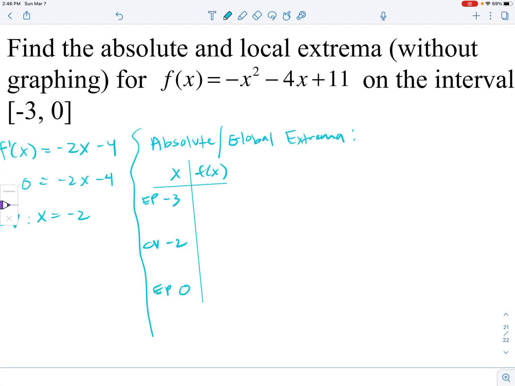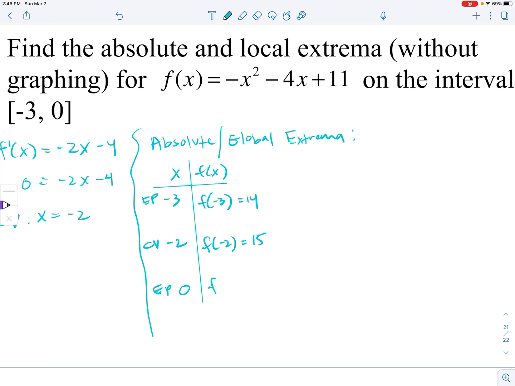There could be multiple critical values on the interval. These last two examples have just had one. And remember, we're plugging these values into the original function because we want to know what the largest and the smallest y values are.